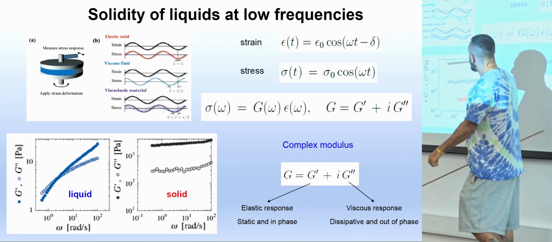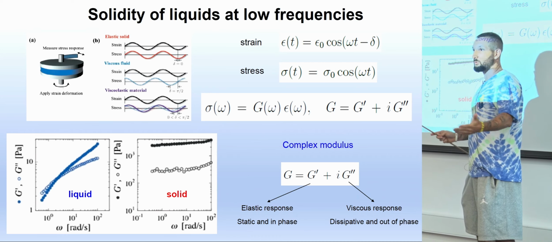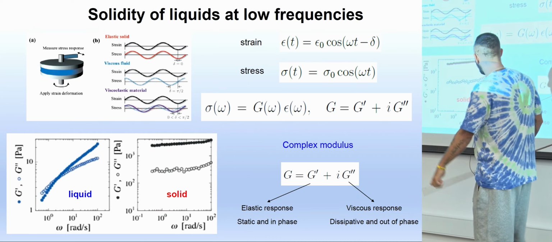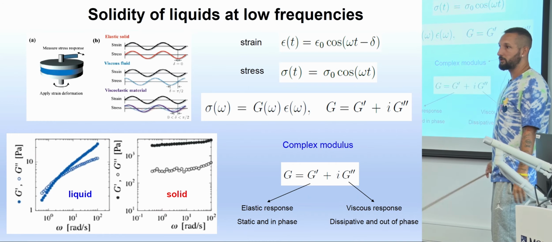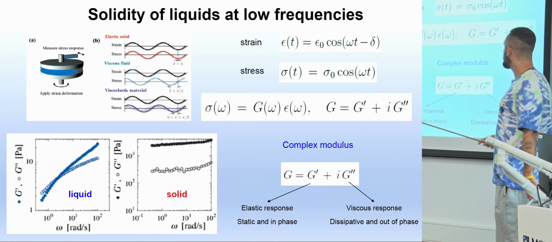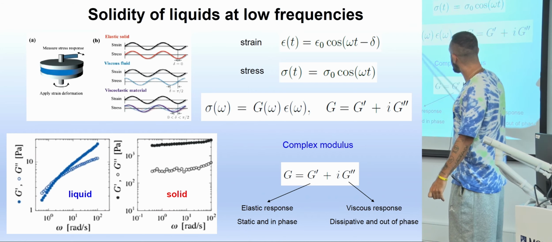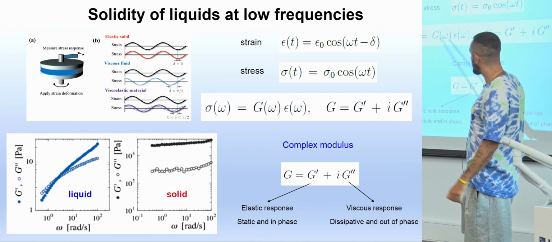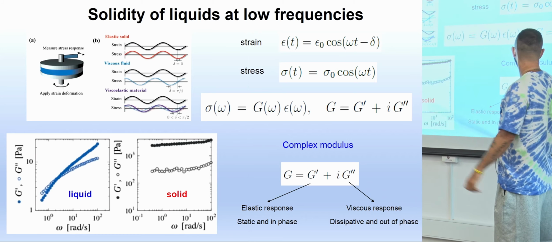And if you are in the middle, you will find something where the phase is in between 0 and pi half. Now, more importantly, what you can actually measure, and this is most of what people in rheology are doing, is what is called the complex modulus. So the complex modulus is just, if you want, the response function between the strain that you are applying and the stress that you are measuring, or vice versa.